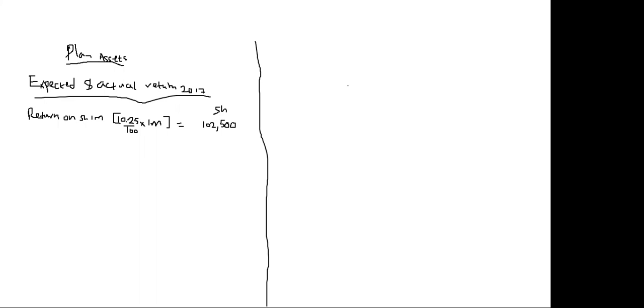So we get the return on the difference, because the employer gave a contribution of 490, and then the plan paid out 190,000 to employees. So it means that the difference there will be 300,000.